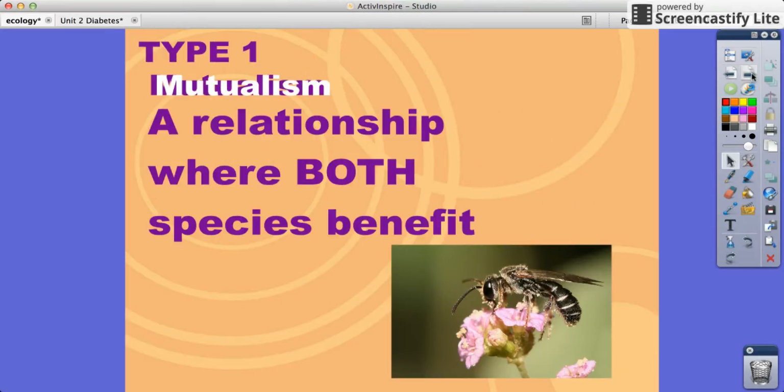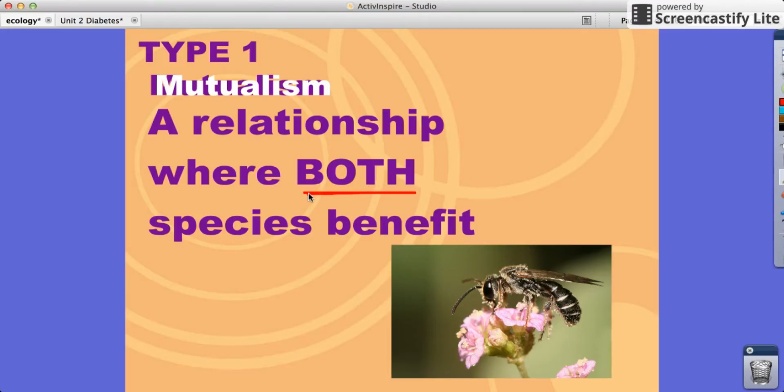The first type is mutualism. In mutualism, both of the species get some sort of advantage or benefit. So the bee here is going to get pollen for food, which is going to make him happy. And the plants are going to get their pollen spread because he's not going to carry all of it.